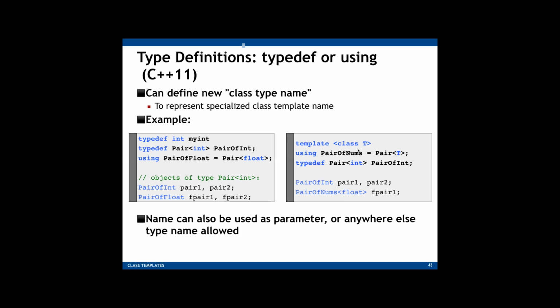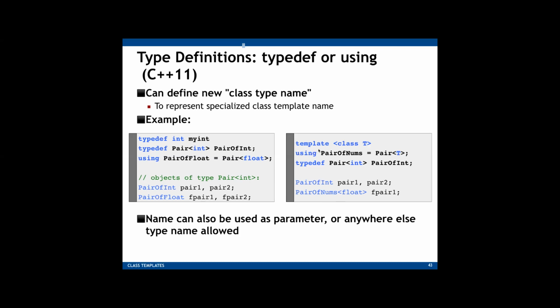So after this line, you can use this name, pair of num, to represent this type, pair and T, which is a type parameter. So here we are declaring pair of num, and now we are putting float here and name here. So this one represents this type.